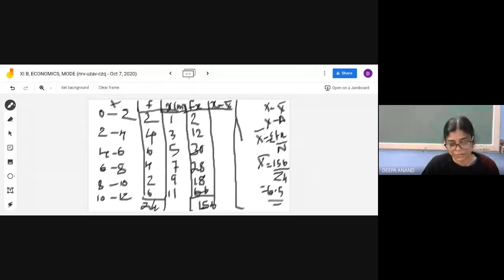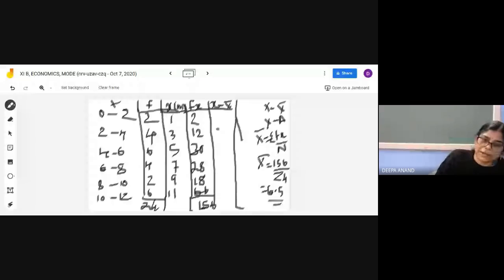Likewise, you have to find the deviation. 1 minus 6.5 kya milega?